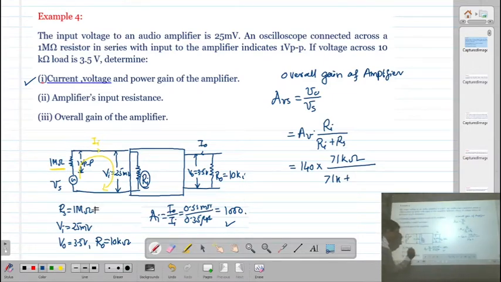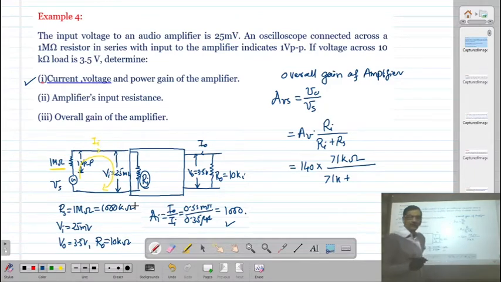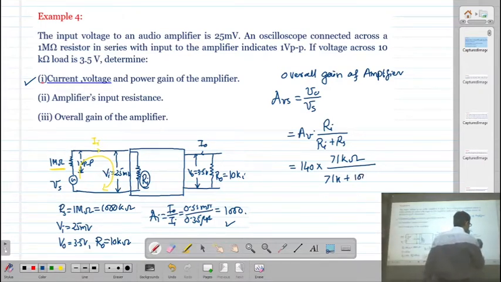1 mega ohm means 1000 kilo ohm. Remember, if you do not convert the mega into kilo, you will have difficulty adding the two resistance values. So either you convert the 71 kilo ohm into mega, or you convert the 1 mega into kilo ohm. So this is 1000 kilo ohm itself.